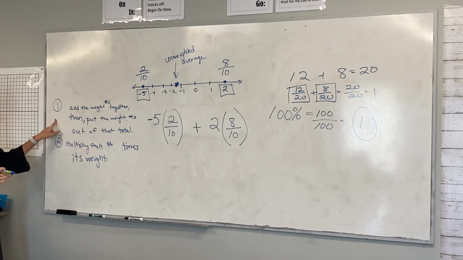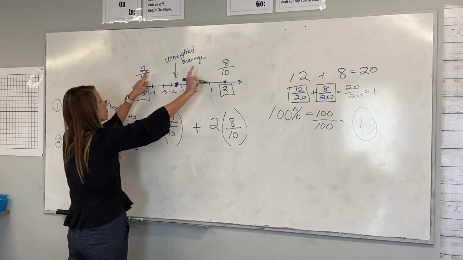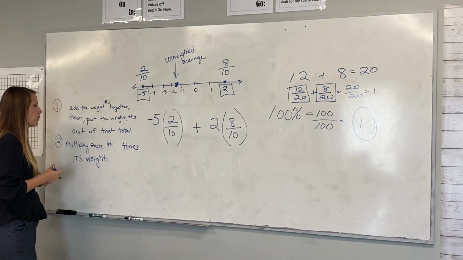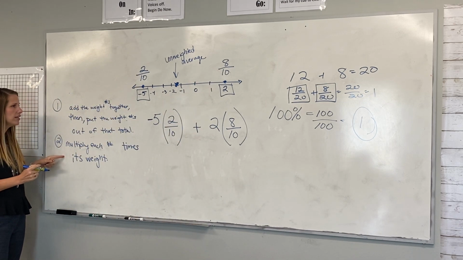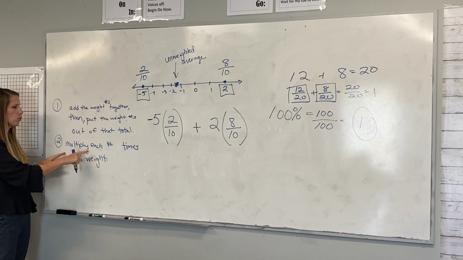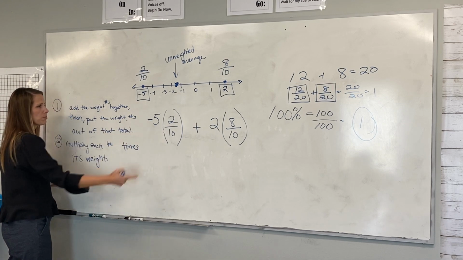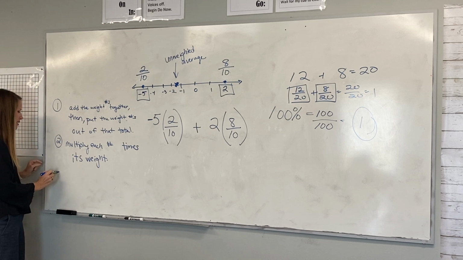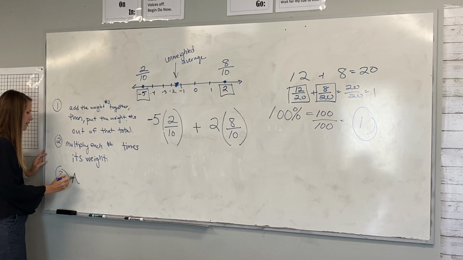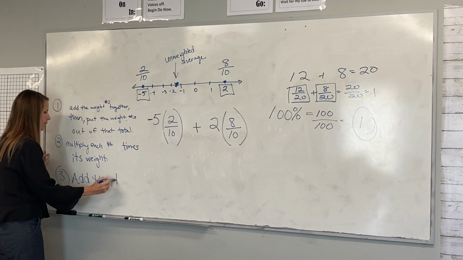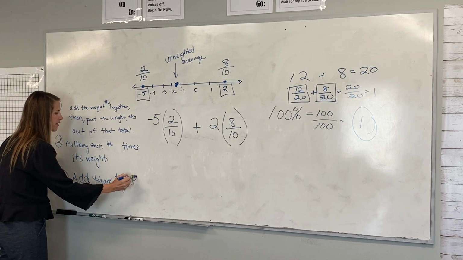So step 1, add your weights together, 2 plus 8, you get 10, so put those weight numbers out of 10. Then you're gonna take your numbers from the number line and multiply it times its weight, and then step 3 is add them together. Or add those products together.